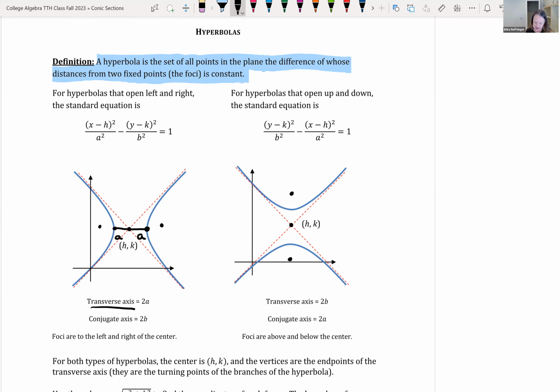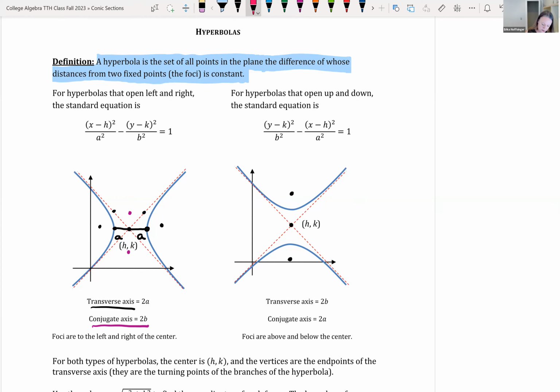This conjugate axis is 2b. So I'm actually going to go up b units, and I'm going to go down b units from this center.